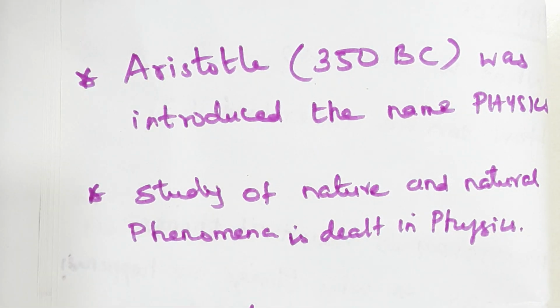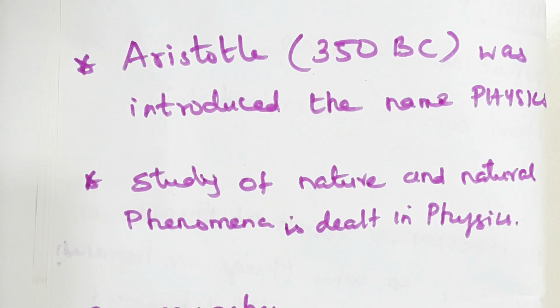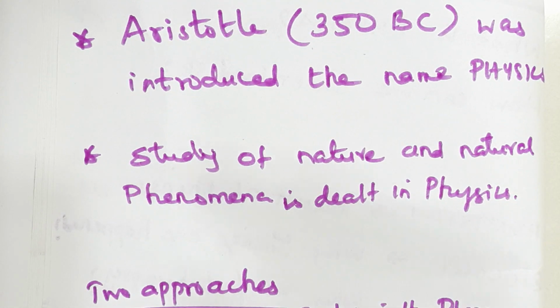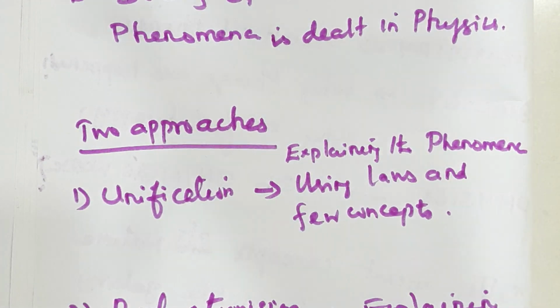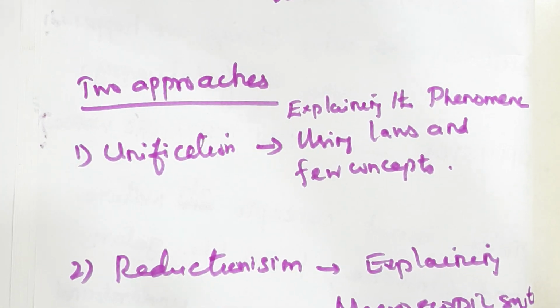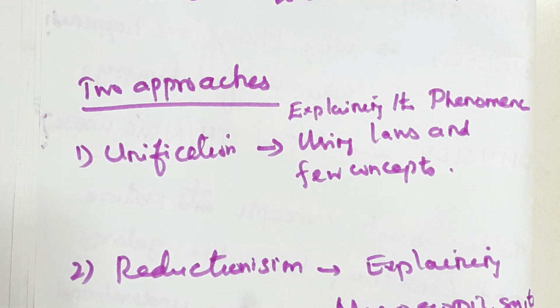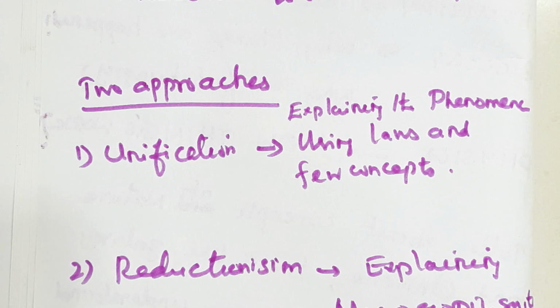Okay, so we can see the two main approaches in physics. They are unification and reductionism. Unification and reductionism are the two approaches in studying physics. What is meant by these two?